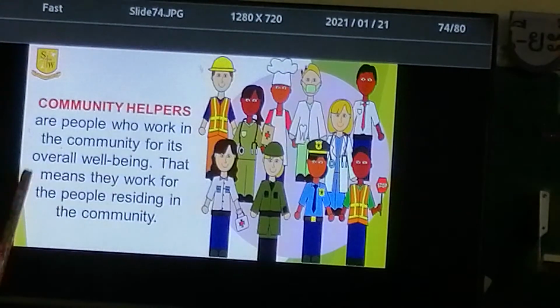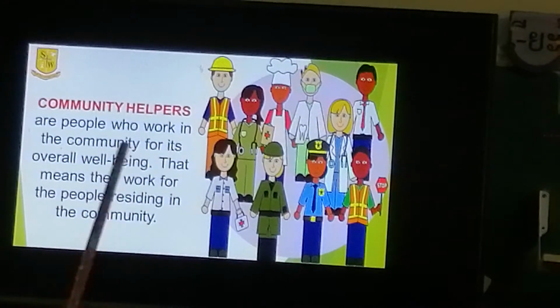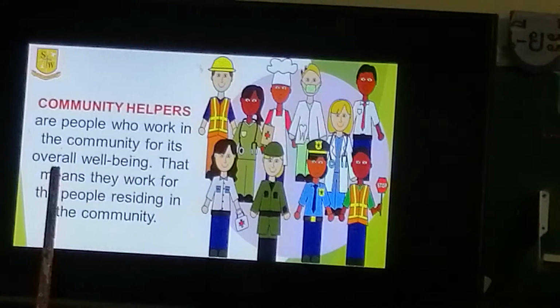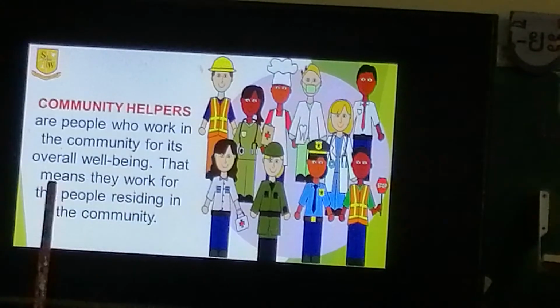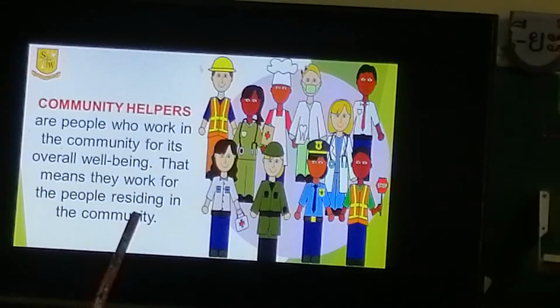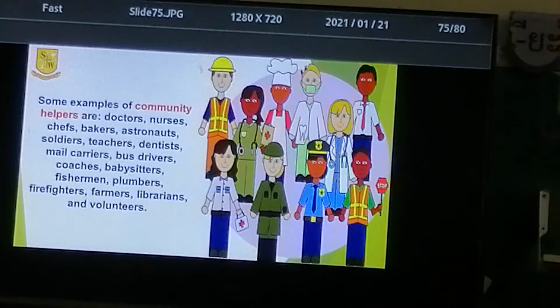Okay, so community helpers are people who work in the community for its overall well-being. That means they work for the people residing in that community. If you look at our streets, there are people who collect the garbage. They're garbage collectors, right? There are also people cleaning the streets, street cleaners. Okay, so that's all about here.